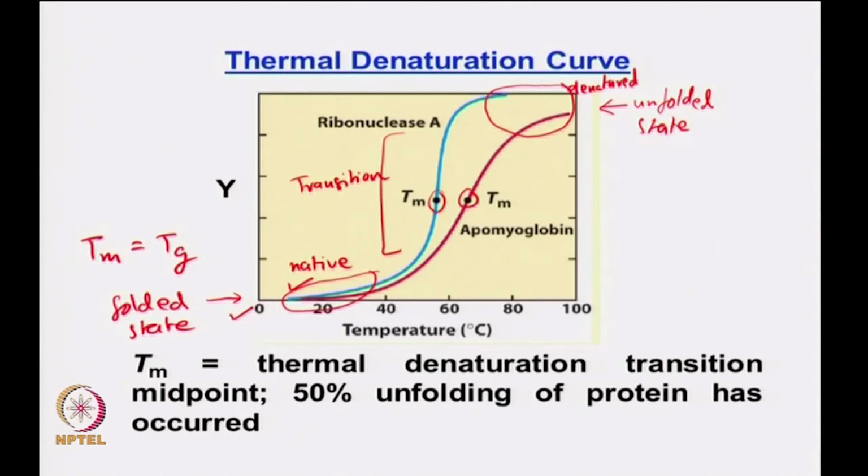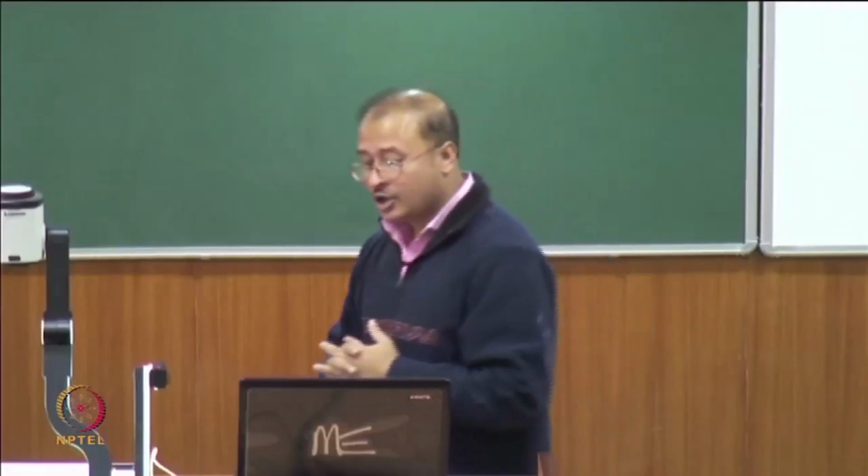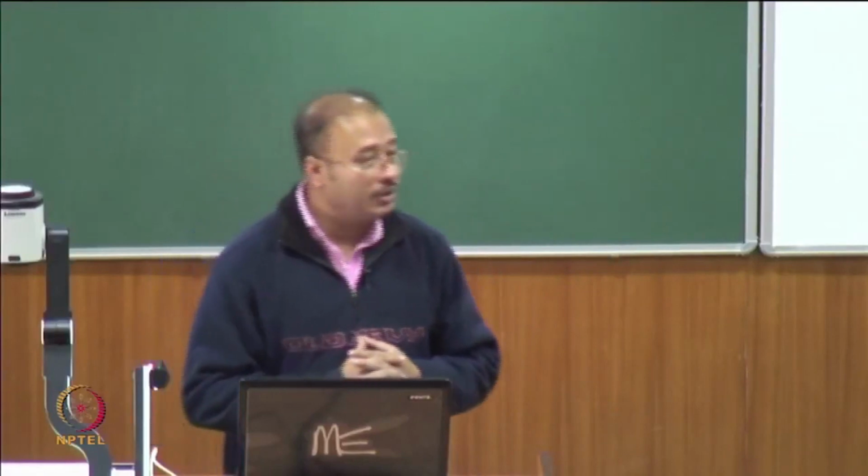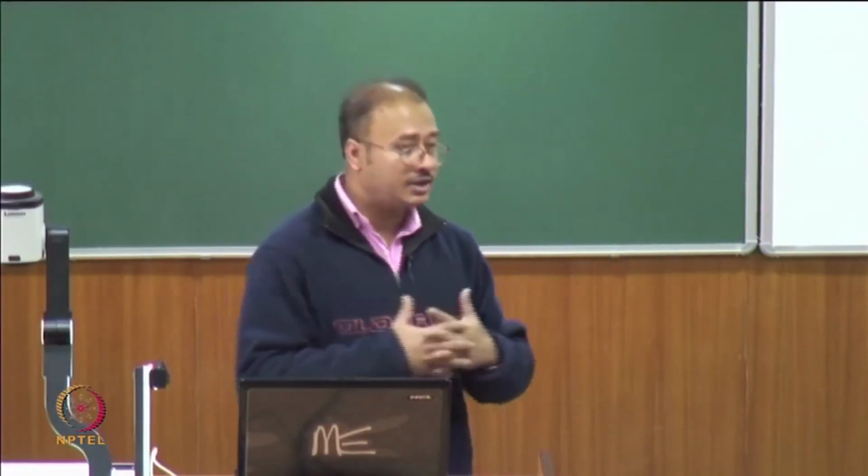Okay, before I move on, there is one more comment I would like to make. Suppose you are looking at free energy changes, right. Your free energy change is related to equilibrium, delta G is equal to minus RT ln K equilibrium.